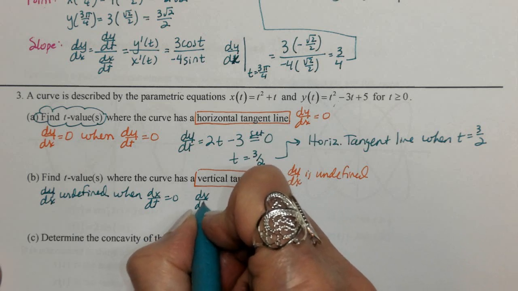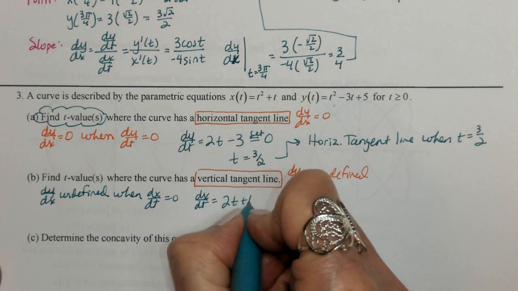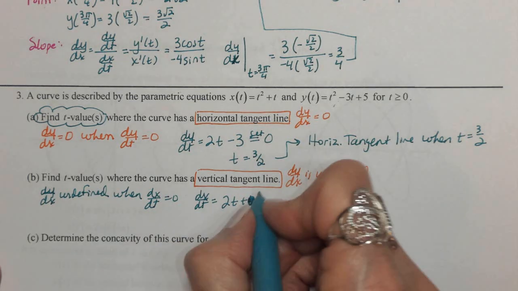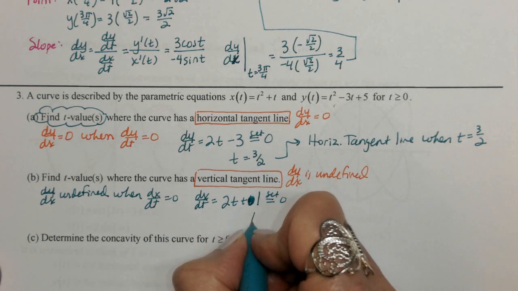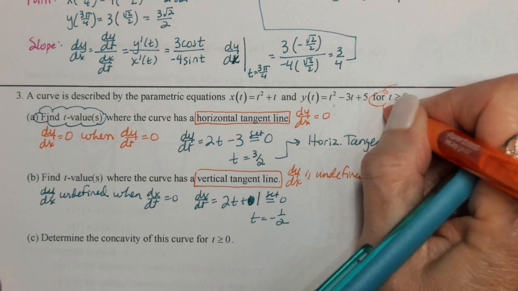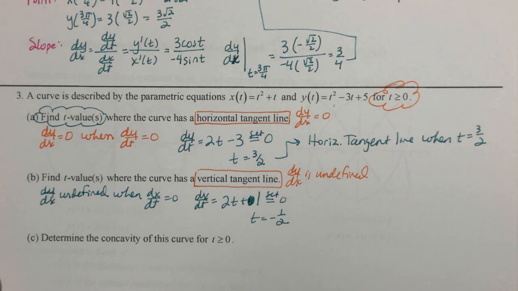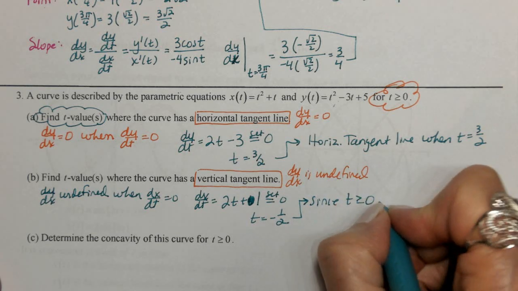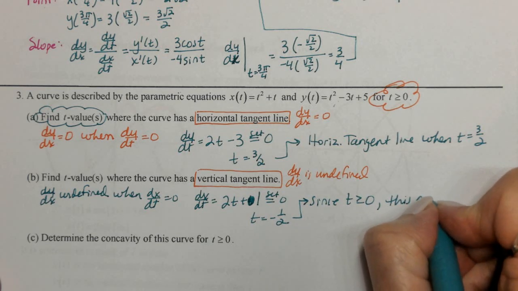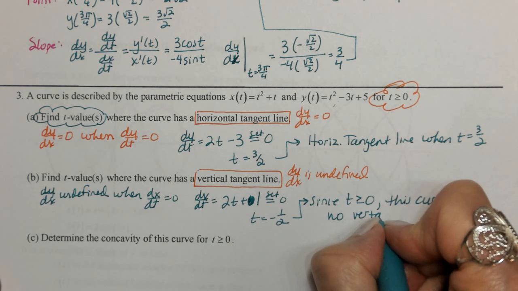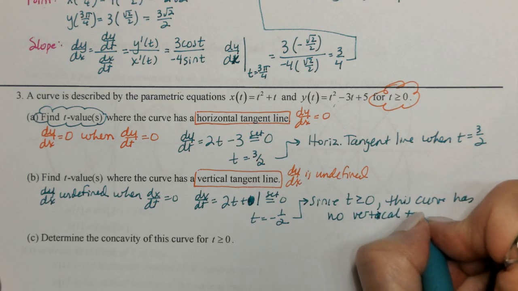And dx dt is 2t plus 1. Set that equal to 0, and we get t is negative 1/2. That would be the time when we have a vertical tangent line, but they gave me that t has to be greater than or equal to 0. So, since t is greater than or equal to 0, this curve has no vertical tangent lines.